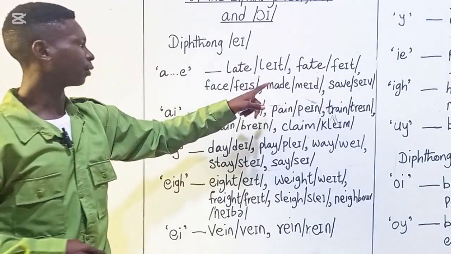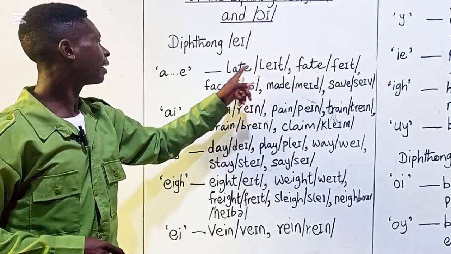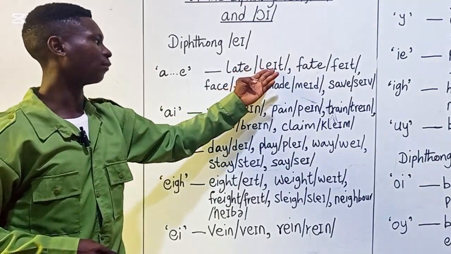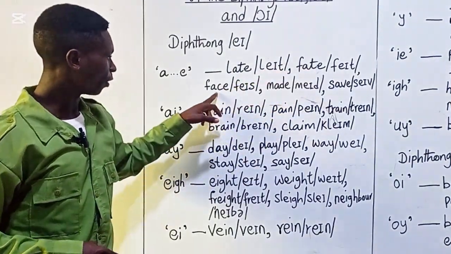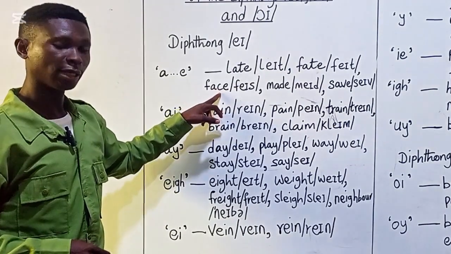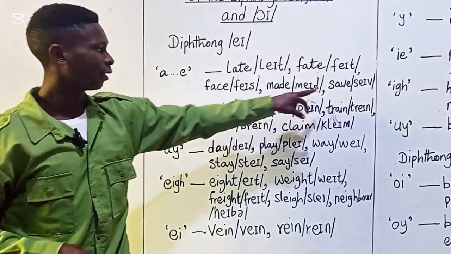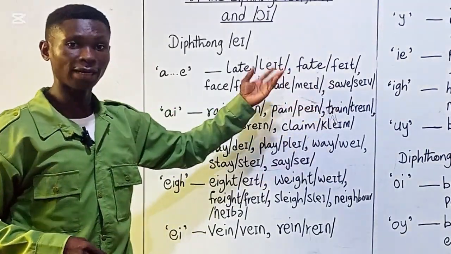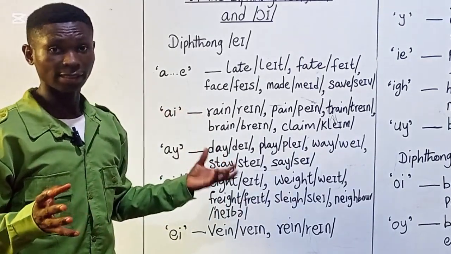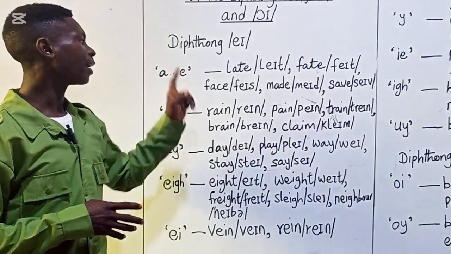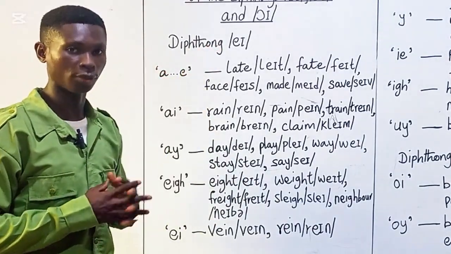So in the transcription, the consonant letter you move to the end, while A and E will join together to form the diphthong A. The same thing is applicable to these. In this case, the consonant letter is letter C. In this case, it is D. In this case, it is V. So you can have any of the consonant letters in between A and E, and then you have the A sound as the vowel sound there.